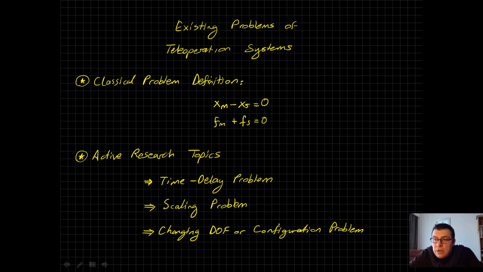There might be scenarios where the master system being operated by the human operator has a different mechanical linkage, a different geometry than the systems acting on the slave side. So these two systems, master and slave, are usually taken to be identical, but there might be some operations where they are different.